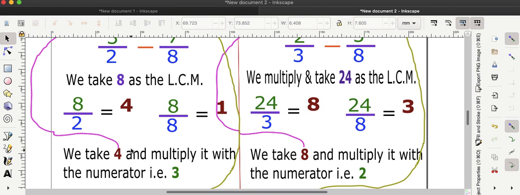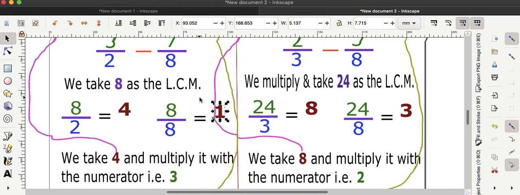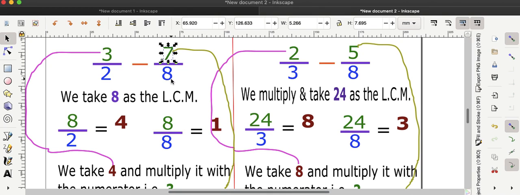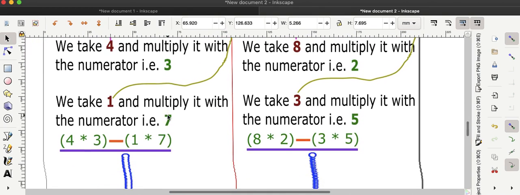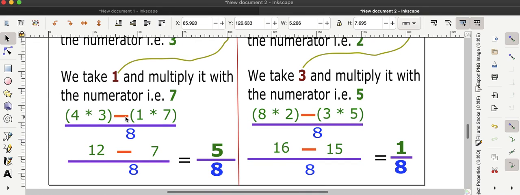Now we take 4 and multiply it with the first numerator. 4 threes are 12. Then we take 1 and multiply with the second numerator. 1 seven is 7. Make sure you put them into brackets. 4 into 3 minus 1 into 7. If you remove the bracket, 12 minus 7, and 8 is the common base. You get 5 by 8.